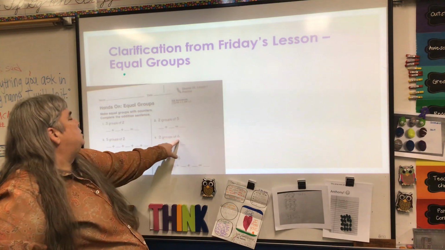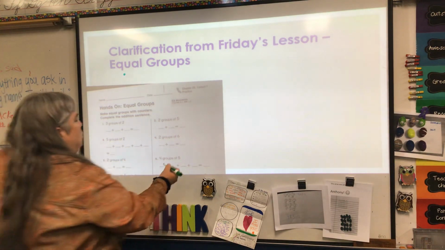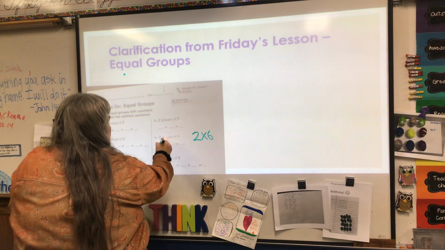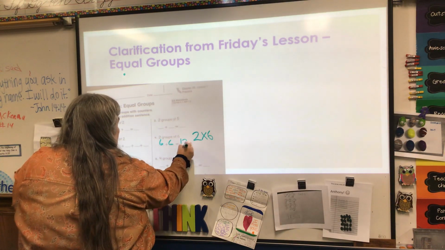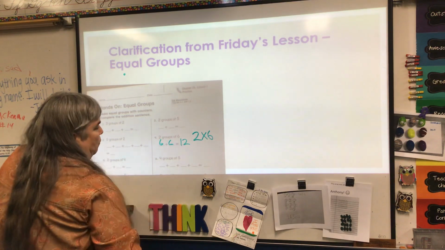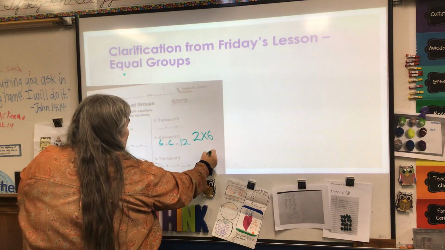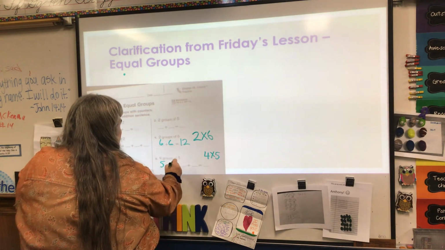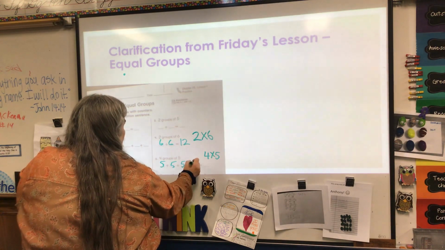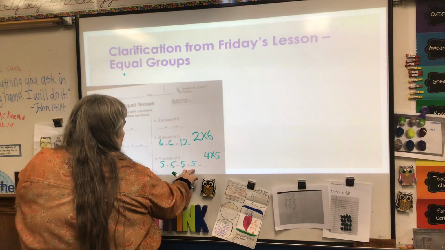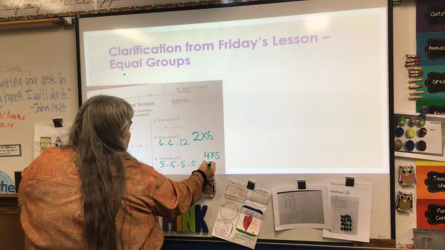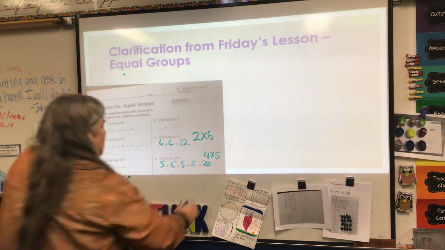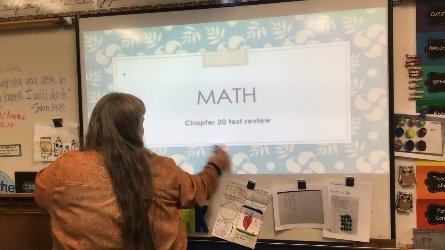So two equal groups of 6 in multiplication would look like 6 plus 6, which is 12. 4 groups of 5 would be 4 times 5, which is 5, 5, 5, 5. Well, 2 5s is 10. 2 more 5s is 10. My product is 20. Easy peasy. Okay, next slide.